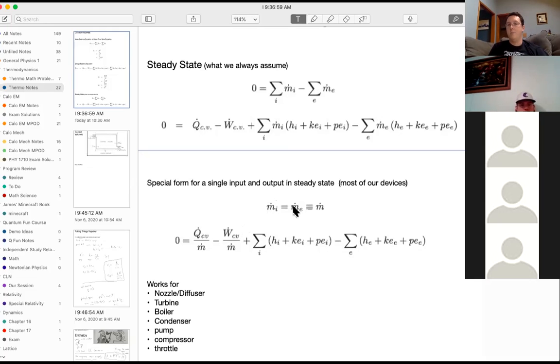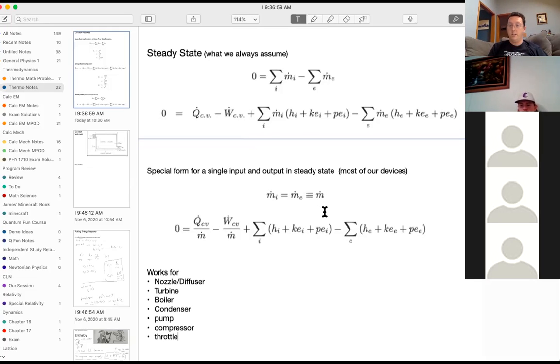So the input is the output, and we're just going to call that m dot. We're not going to label in and out because they're all the same. That typically is what happens. So that's going to be our mass flow rate equation for one input and one output.